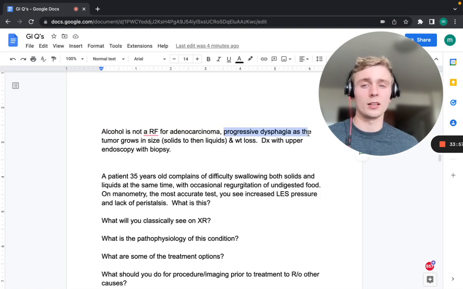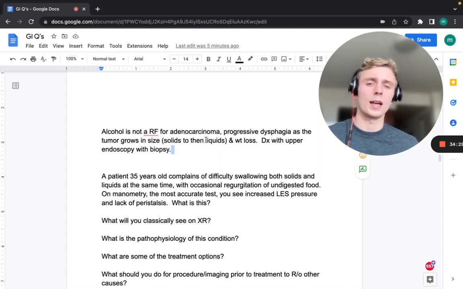Progressive dysphagia as the tumor grows in size. So they're having classically progressive dysphagia, and of course weight loss. Weight loss is classic for cancer. You always want to be thinking of cancer with an unintended weight loss. But also solids and then liquids. So they were eating solids fine, and liquids fine, and now it's progressed from solids just having trouble getting down to now liquids, where the cancer could be plugging up the whole lumen of the esophagus.